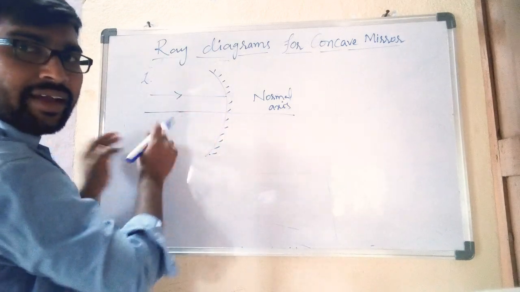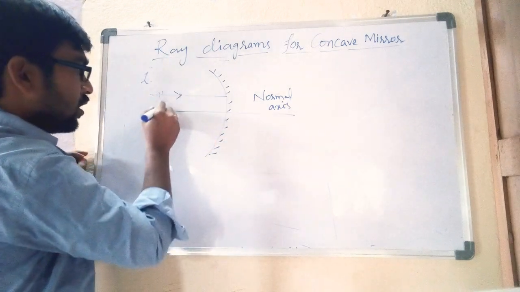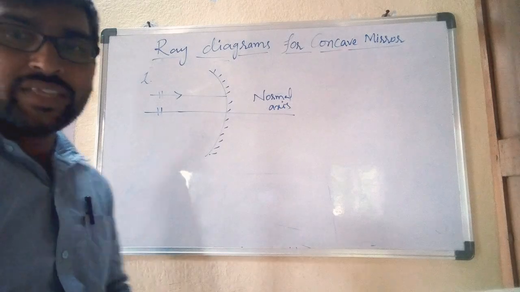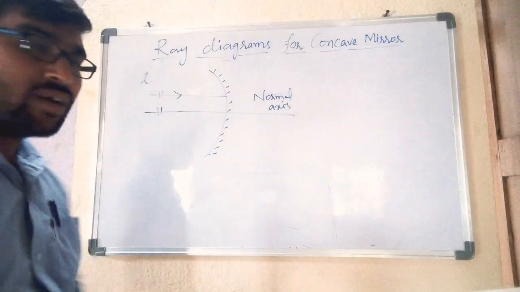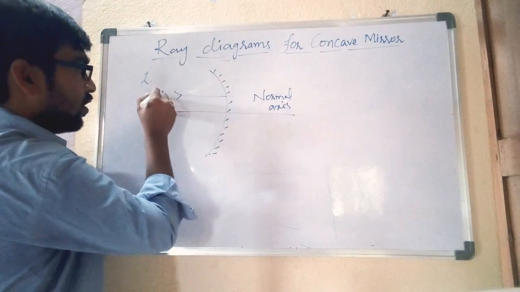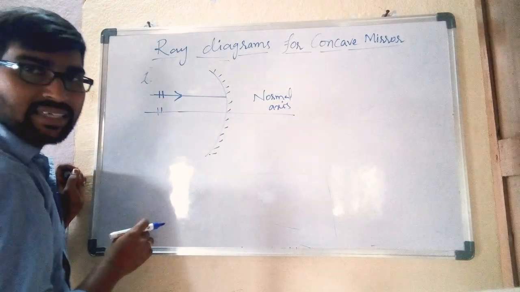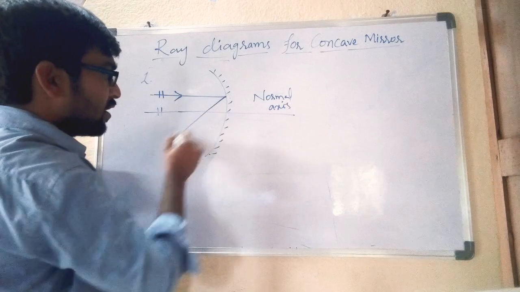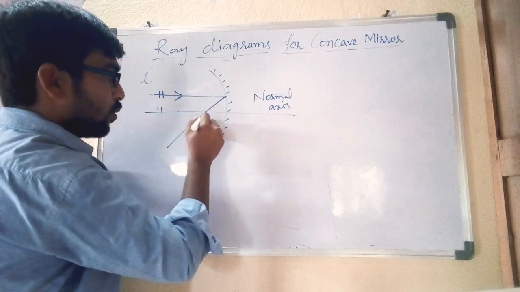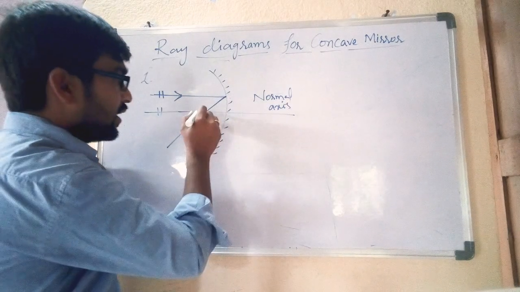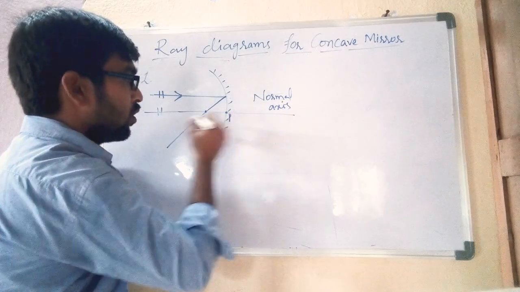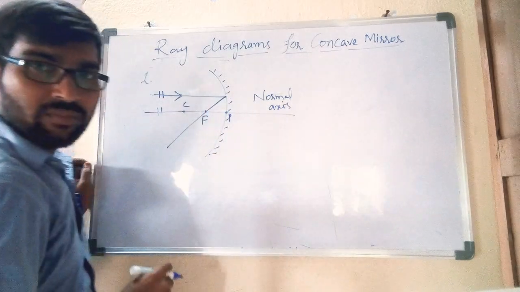When the incident ray is parallel to the principal axis, the rule is that the reflected ray will pass through the focal point. This is the focal point, here is the pole, and it is the center of curvature.